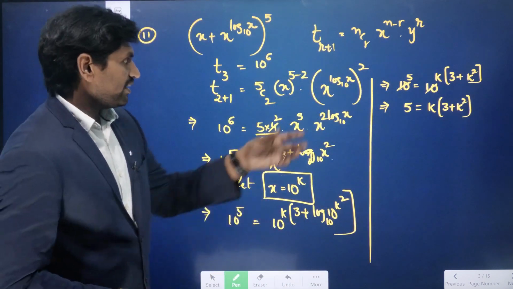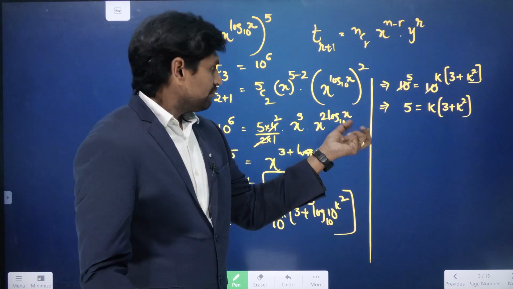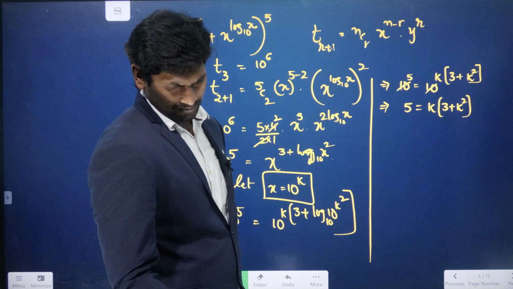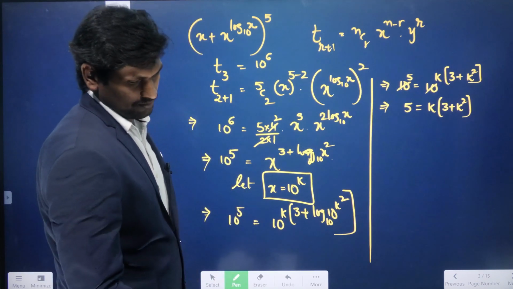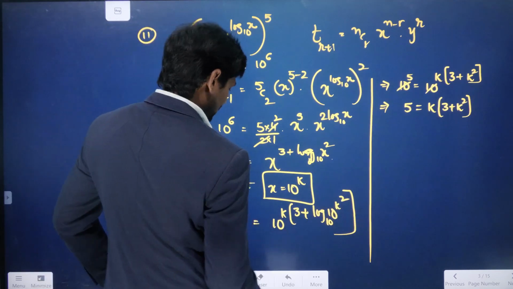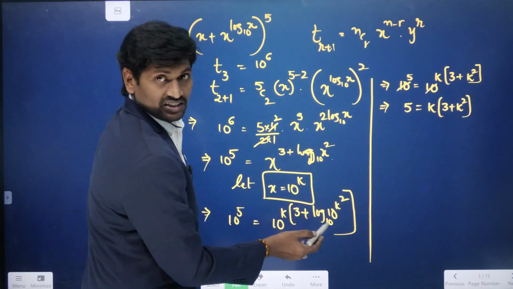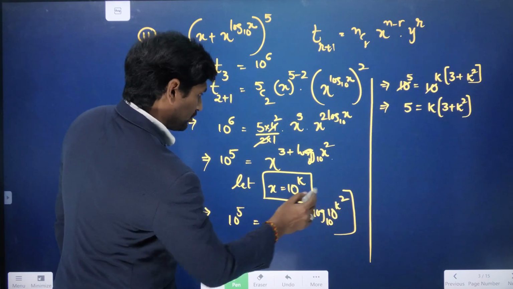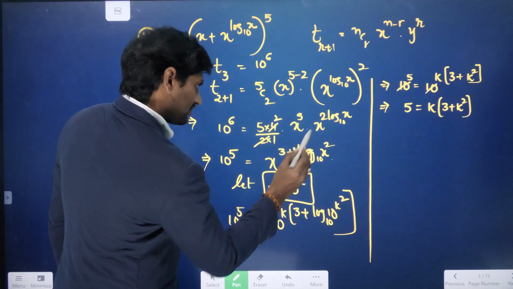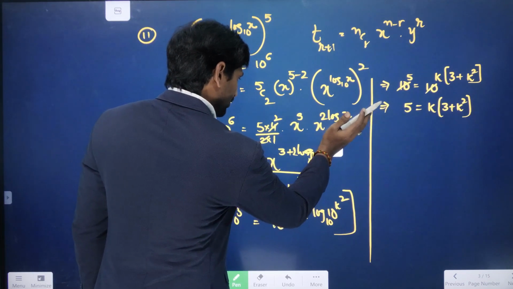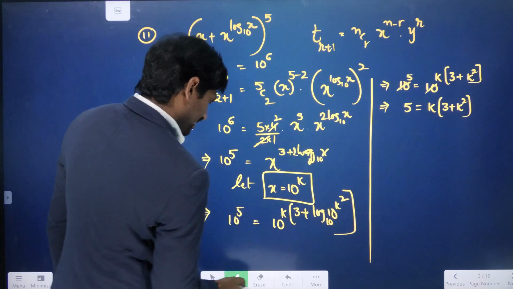Try to simplify this term because it is looking like a quadratic expression. Sorry, before that, let us see this x squared. I am writing this one as 2 log x, and then log x I can write as log of 10 power k, so it will be 2k.